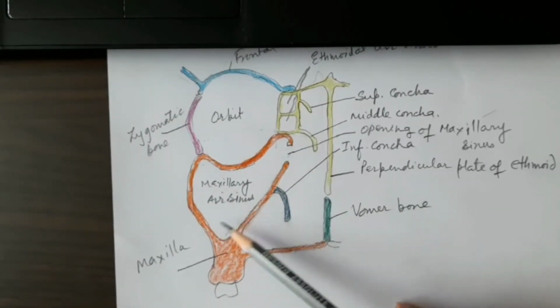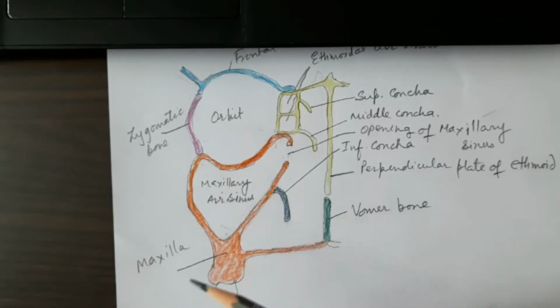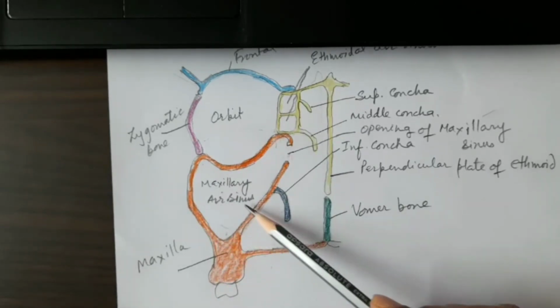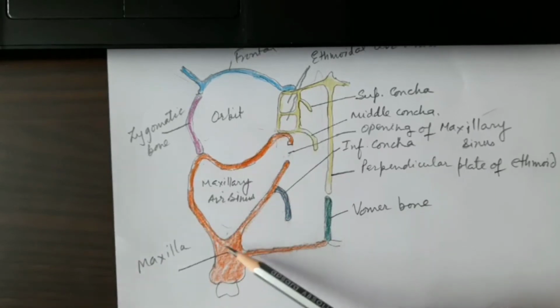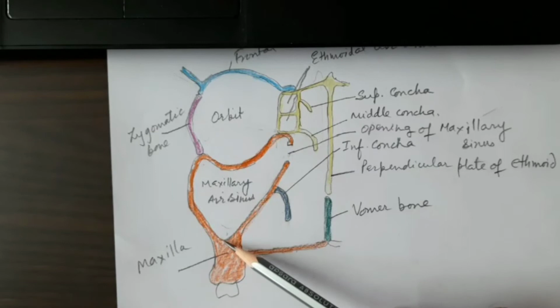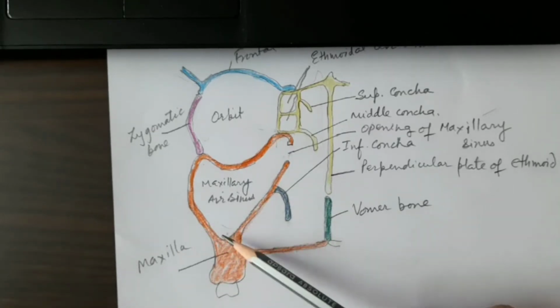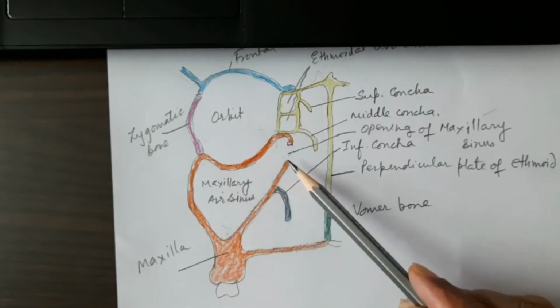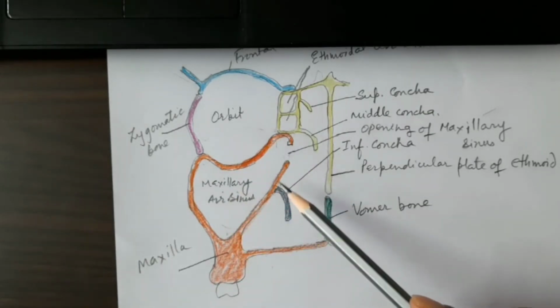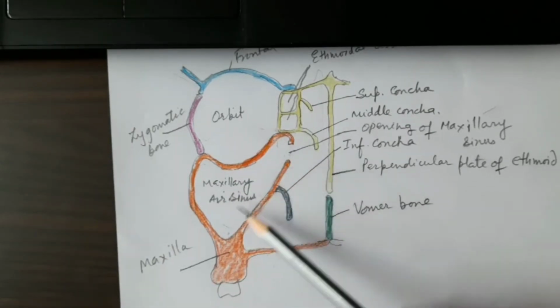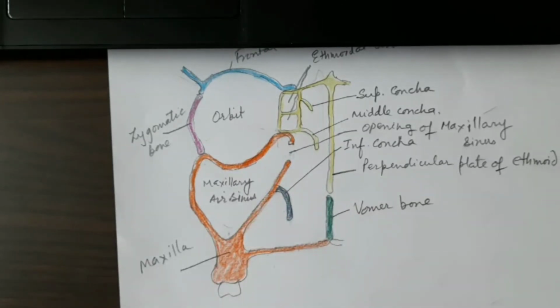That's why any collection of pus, discharge, or secretion which is collected in the maxillary air sinus is close to the floor, okay. Why is it close? Because it is towards the gravity. Hence the drainage of this is not possible in the anti-gravity direction, and that is the reason why maxillary air sinus infection is very common and difficult to treat. Difficult because the drainage of the pus is not that easy.